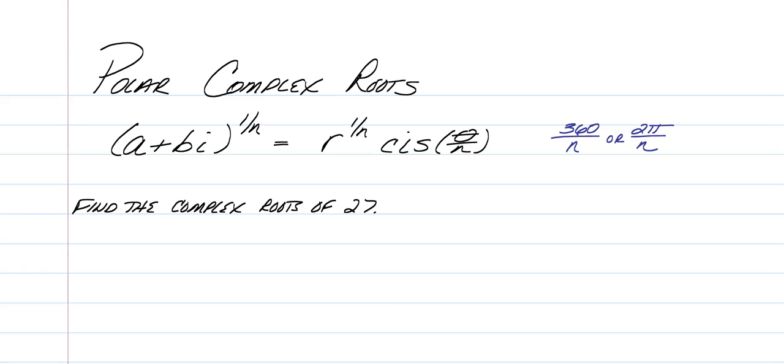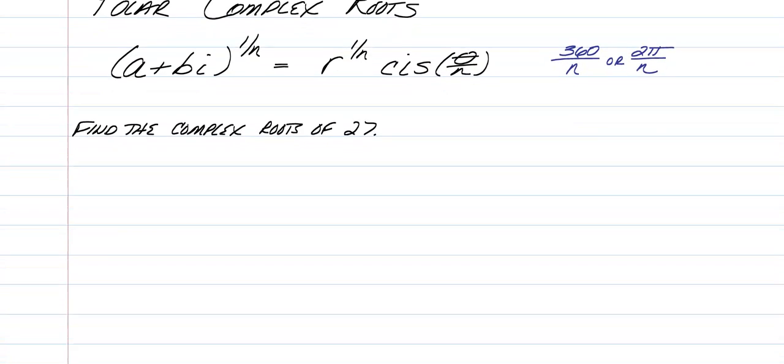But special note: when we are finding all of the different complex roots, we also need to divide 360 or 2 pi by our root, because we're going to have multiple answers. Just like the square root of 4 is plus or minus 2, there are 2 of them. When we take a cube root in polar, there are 3 answers. If we take a 4th root in polar, there are 4 answers. You'll see in just a minute.